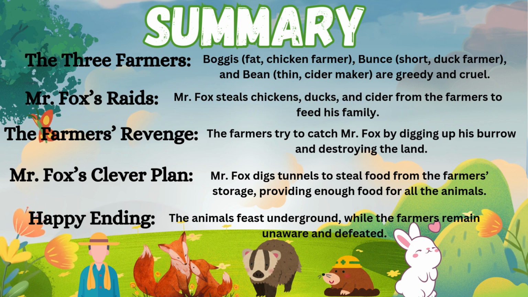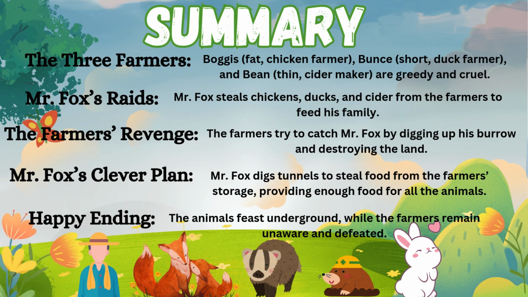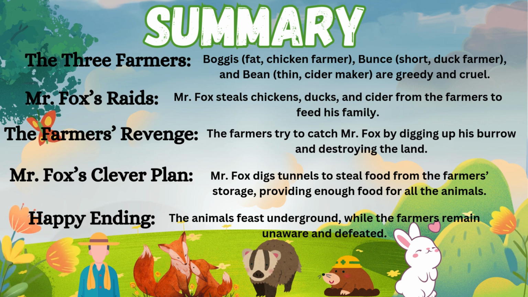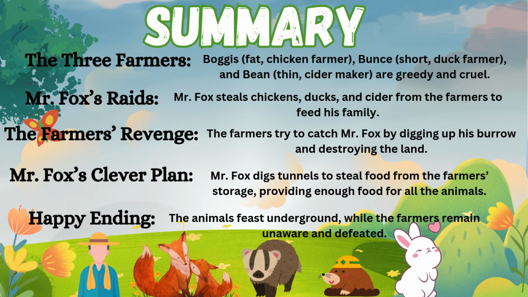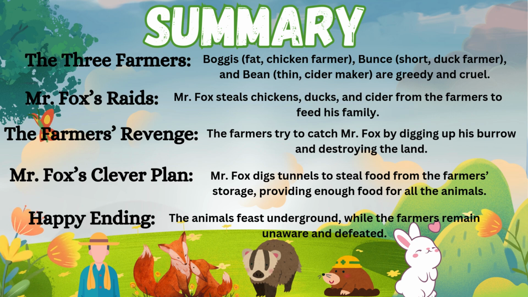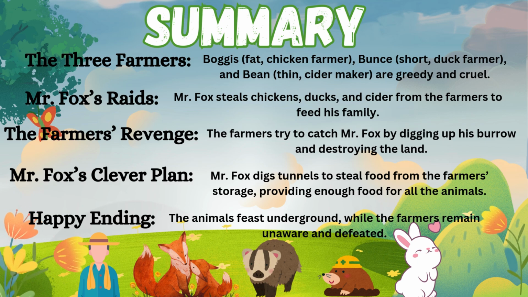As they dig, Mr. Fox is joined by other animals including badger, mole, rabbit, and weasel. They work together to gather enough food to last them a long time. The story ends with a grand underground feast. Mr. Fox and all the animals celebrate their survival and Mr. Fox's cleverness.